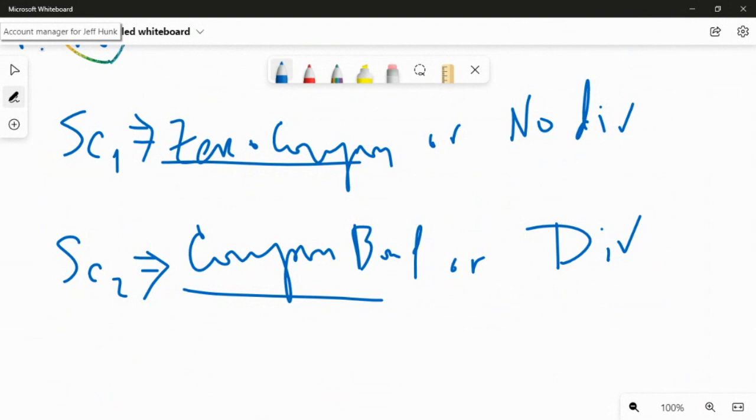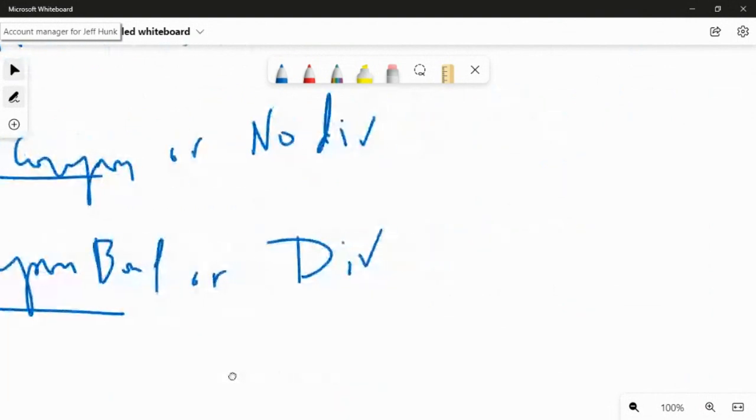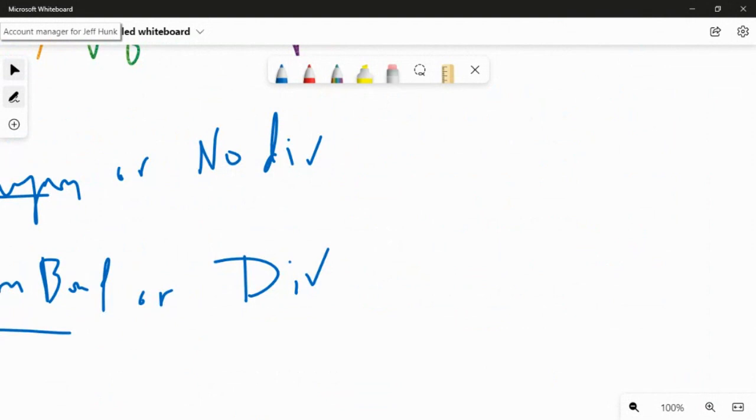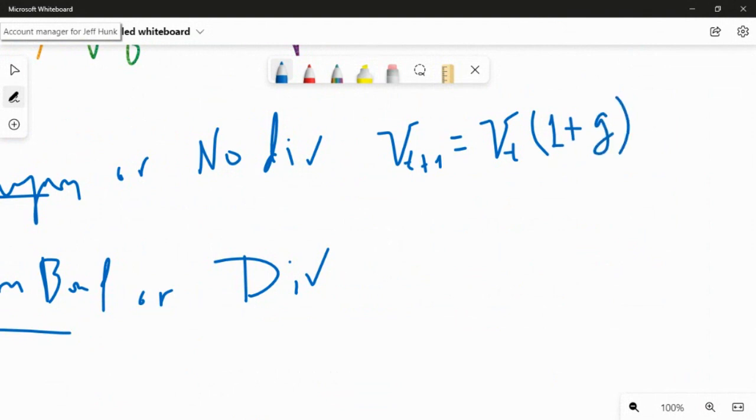Isn't that right? In that case, stock price at time t plus 1 will simply be the result of stock price at time t times 1 plus growth rate, right?